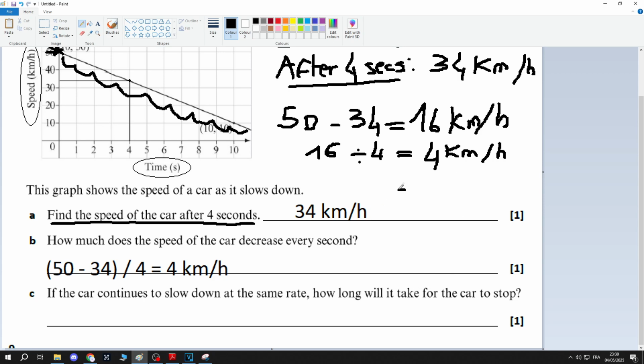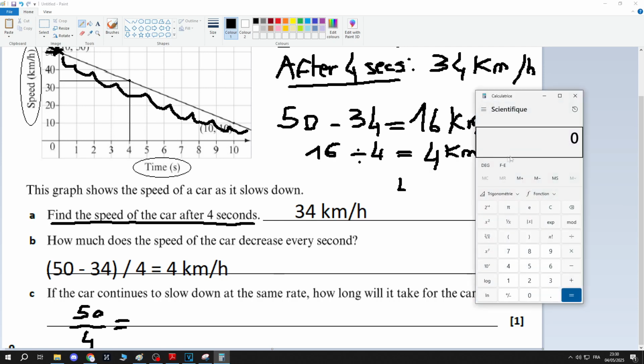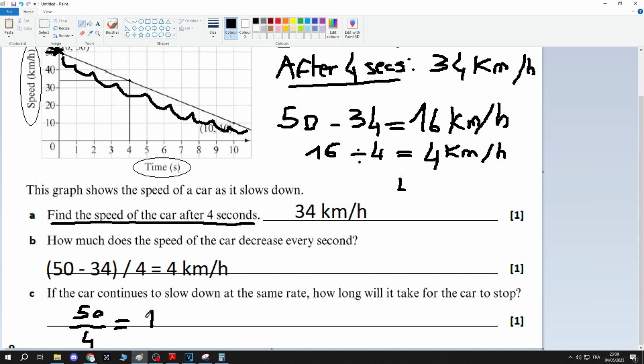So if I'm losing 4 kilometers per hour every second, and we started at 50, we just do 50 divided by, you guessed it, 4. 50 divided by 4 is, for the sake of not wasting time, 12.5 seconds. So exactly after 12.5 seconds, the car will completely stop. There you go.